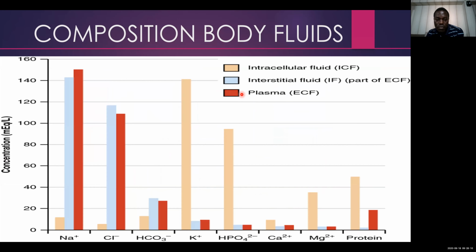This one, the plasma one, because the samples you take are blood samples. You don't take interstitial fluid sample. You don't take intracellular fluid sample. You take plasma sample. So even though you see here that potassium is so high, it's high inside the cell. Otherwise, if you take blood sample of potassium, it will give you this one.